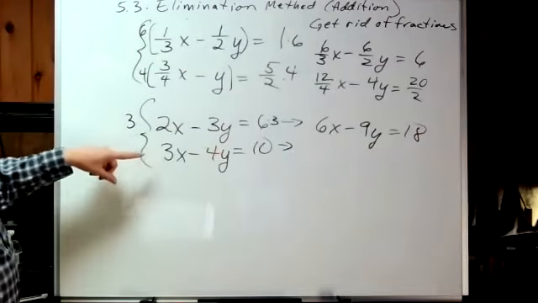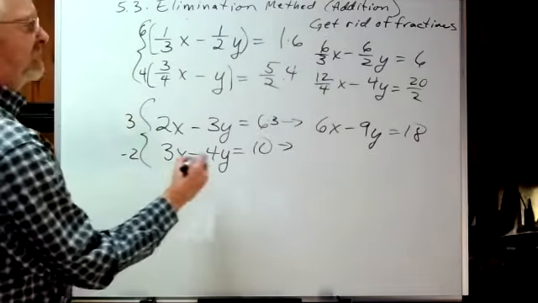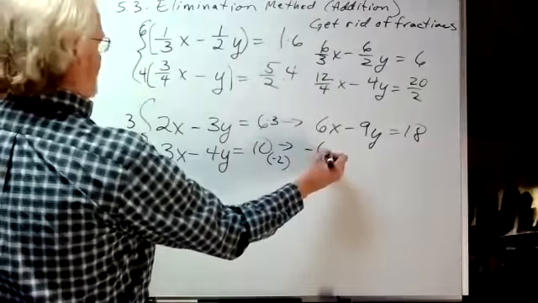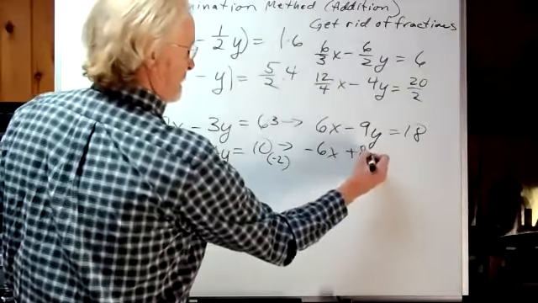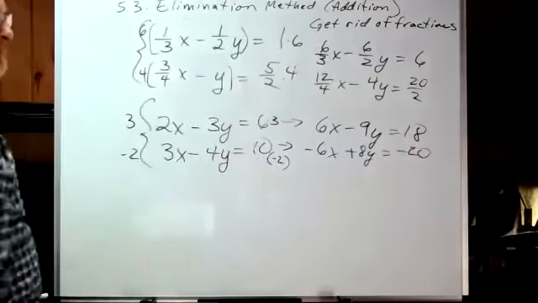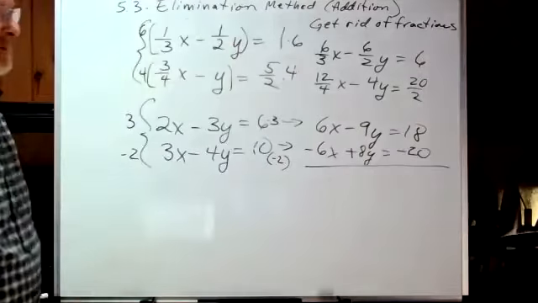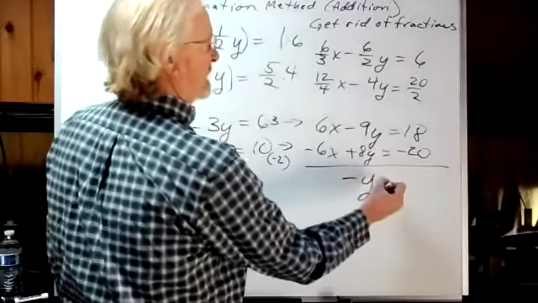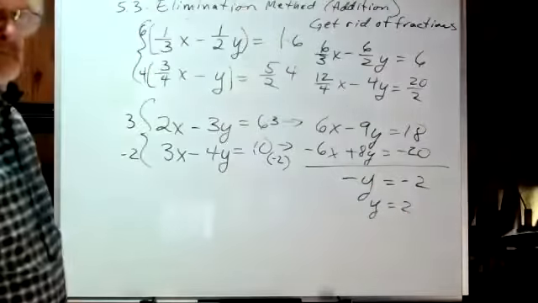Then I'm going to multiply the second one by negative 2. Negative 6x, negative is plus 8y is negative 20. Ready to add them together? Negative y is what's left, equals negative 2. Multiply both sides by negative 1, so y equals 2.